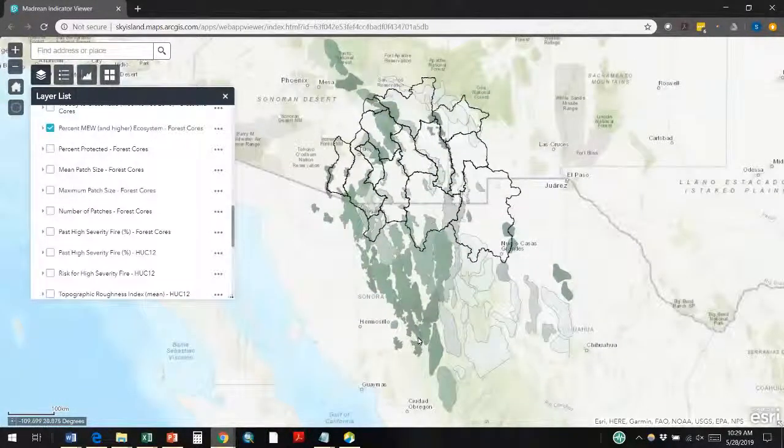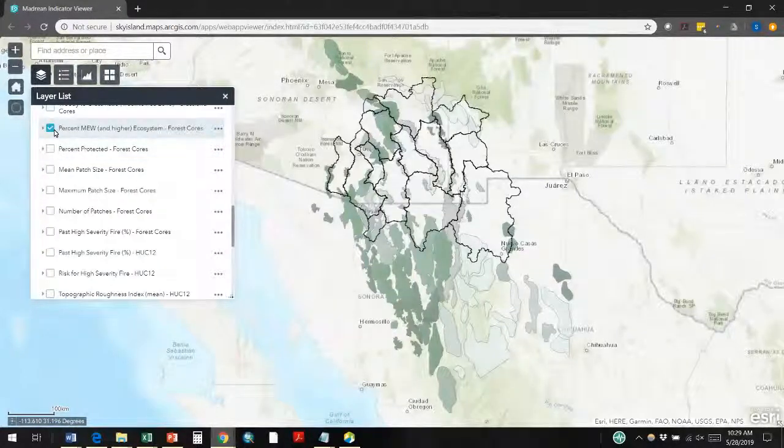So this is our Sky Islands layer that we already had, and then we added polygons of mountain cores outside that weren't mapped outside of our existing layer to cover the Madrean Watersheds area. So you can see this is the percent of Madrean evergreen woodland in each of these sky islands, basically.